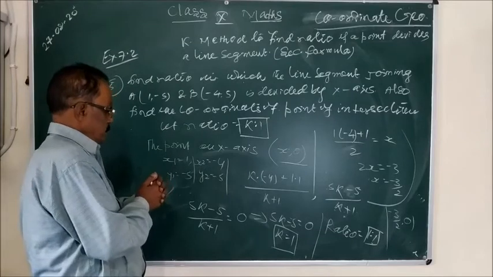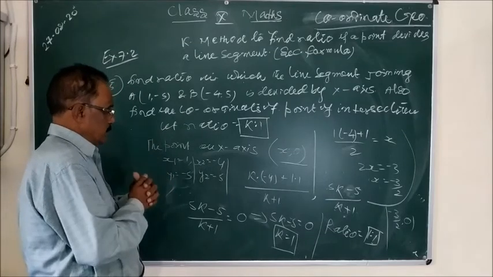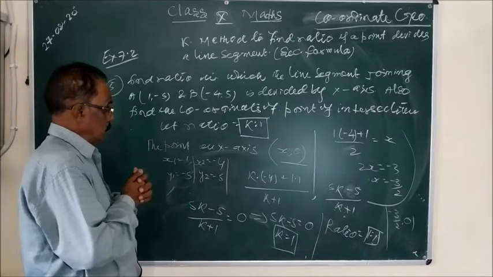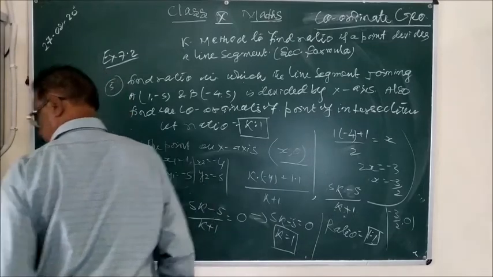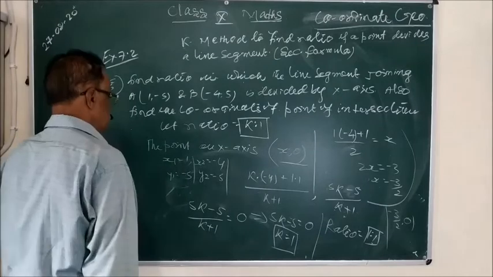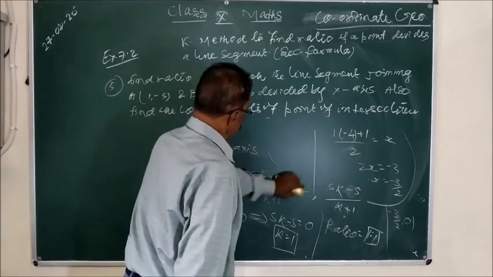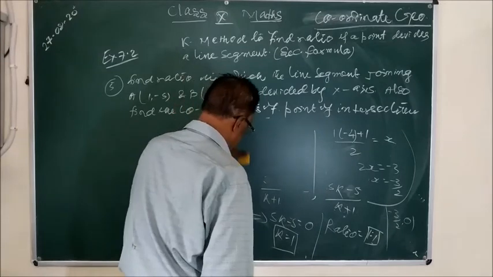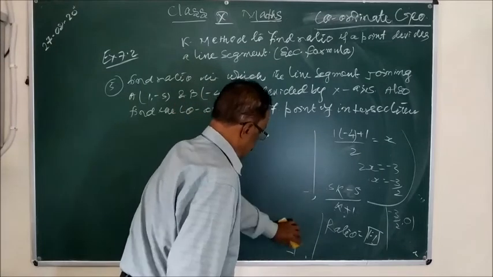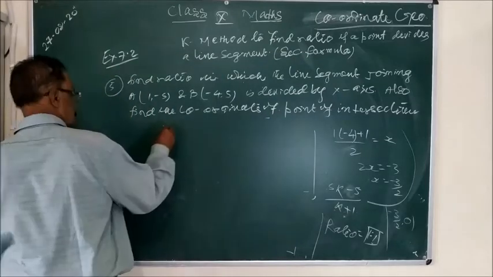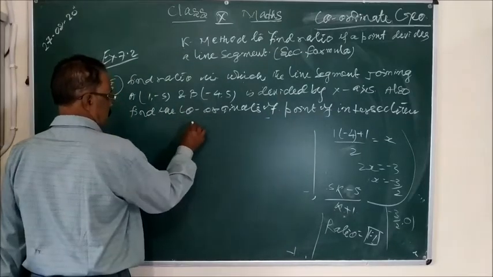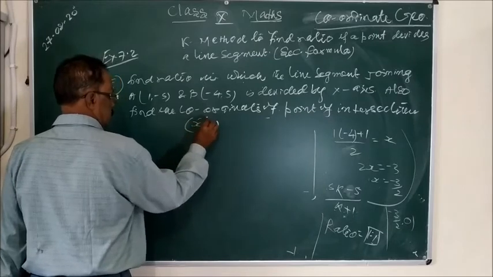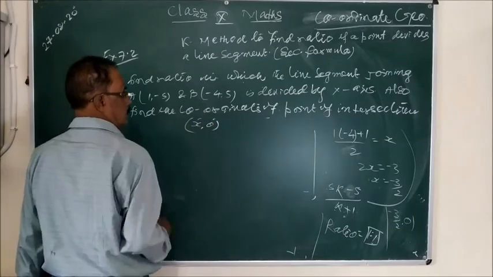Now you see in the same question, if you want to solve by the original section formula, see how to do it. Since the line segment is divided by the x-axis, the point will be x, 0. This is x and this is y, abscissa and ordinate.